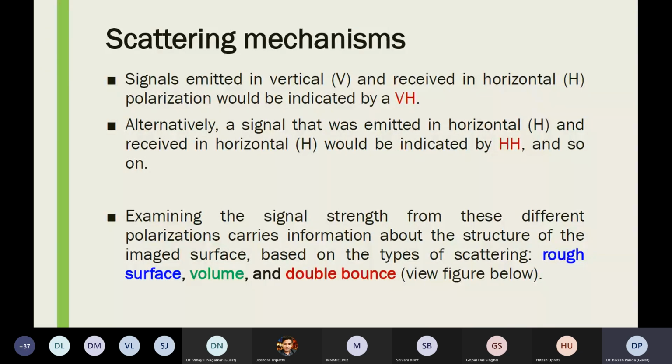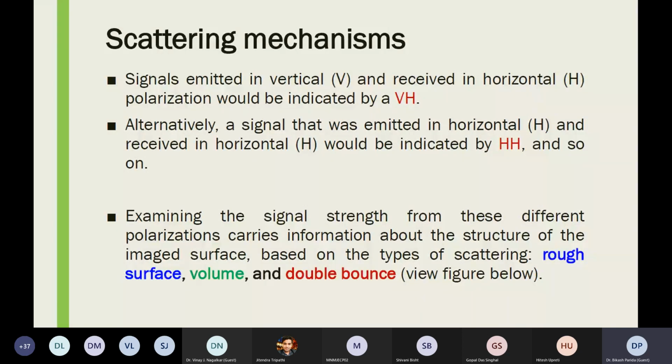V stands for what is transmitted, and H is for what is received. Similarly, HH, that is the signal is transmitted horizontally and received also horizontally. Similarly, you can find VV, vertically transmitted and again received vertically. So you will find different combinations.